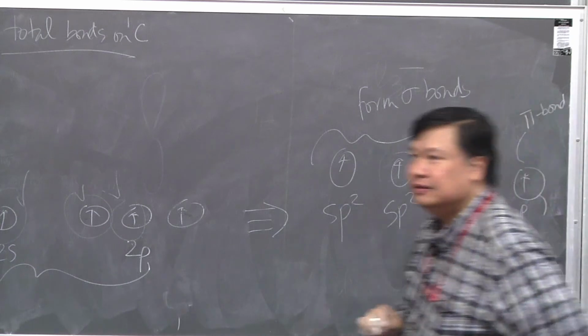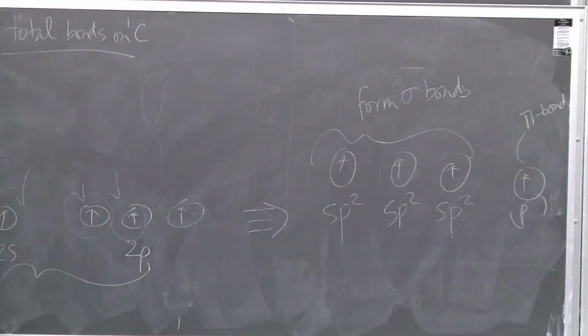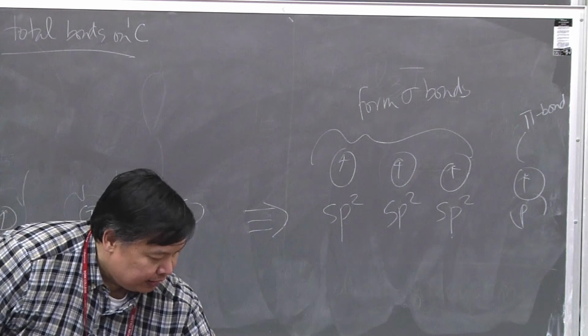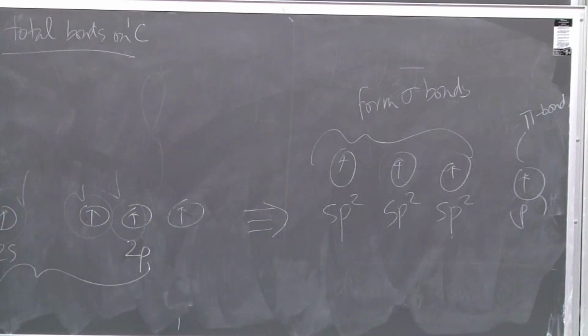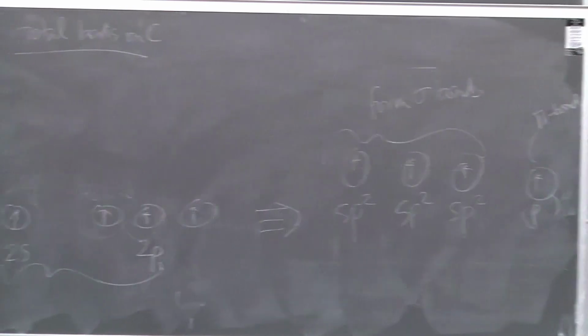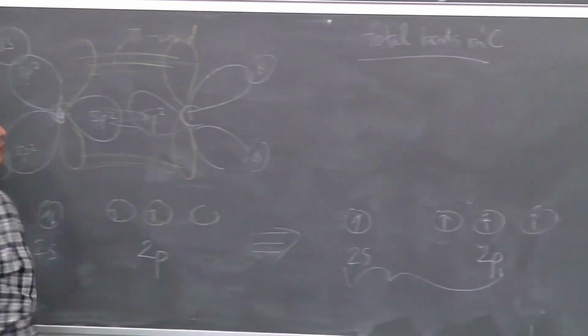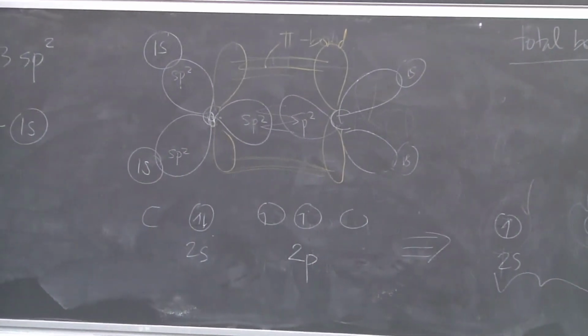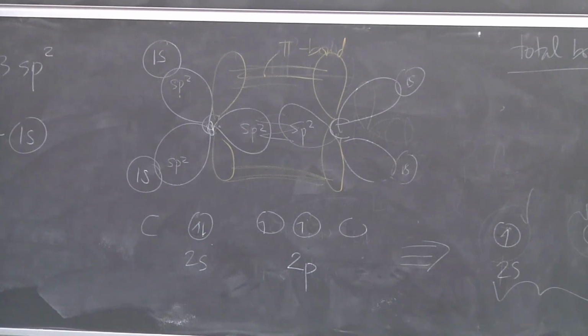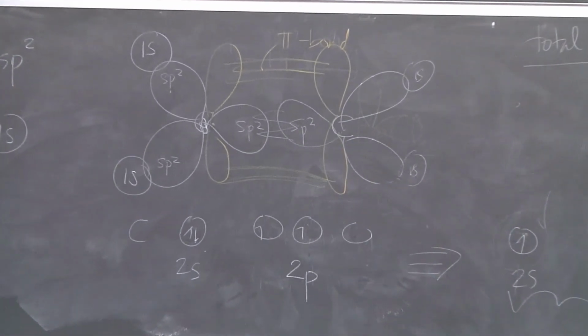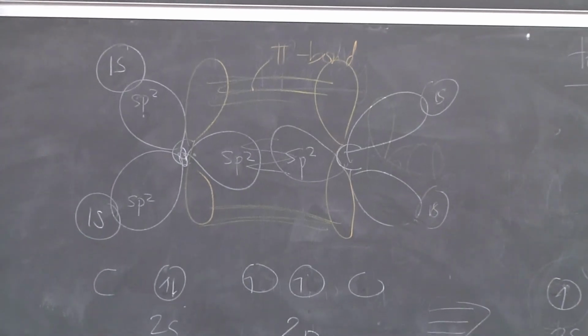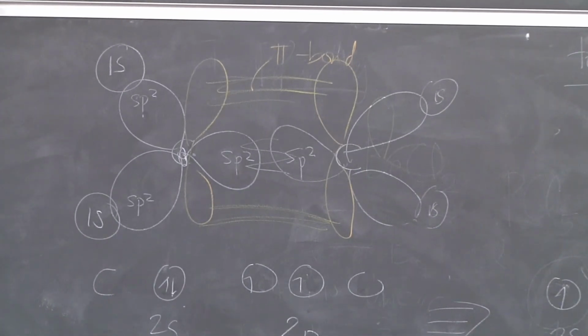The pi bond. So we basically are able to account for the geometry and structure of that molecule according to the valence bond theory.